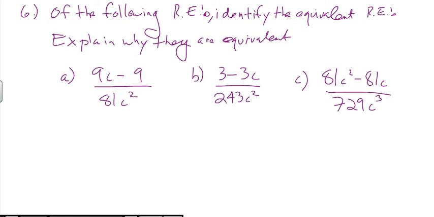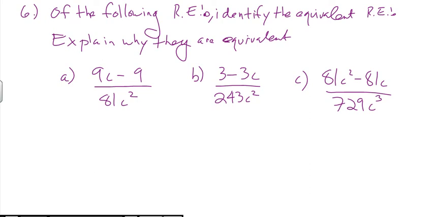Divide by 9? Okay, so 729 divided by 9 is 81, but that's a c cubed and that's a c squared. Divide by 9c. Okay, so 729c cubed divided by 9c gives me 81c squared.